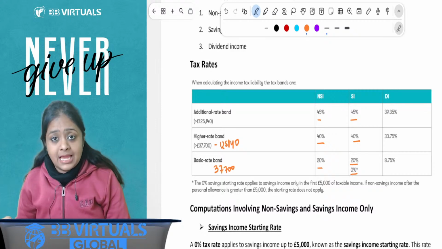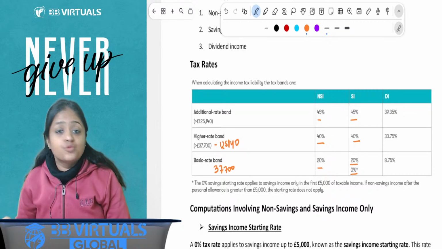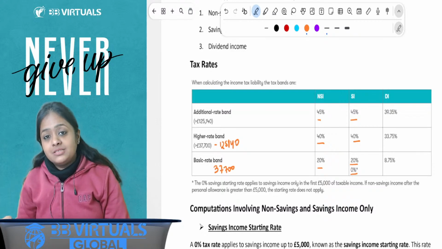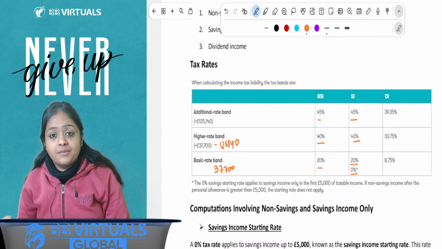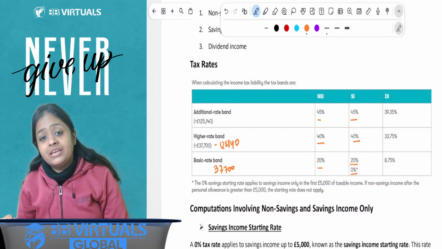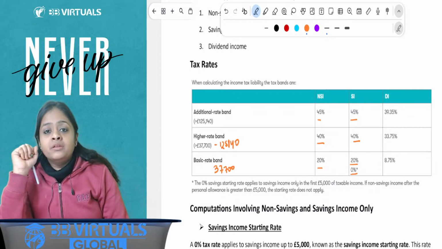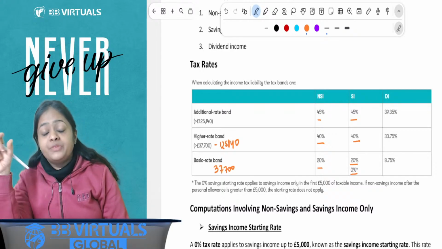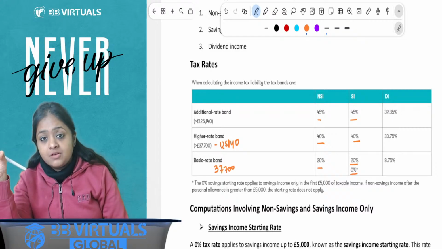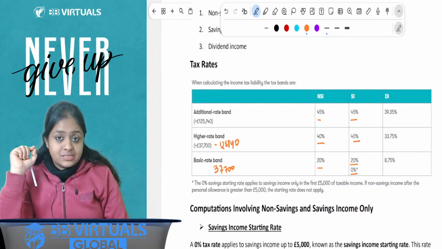For example, if NSI is 2,000, then you get a starting nil rate band of 3,000, because 2,000 NSI plus 3,000 more becomes 5,000. So that 3,000 will be a nil rate band for savings income, meaning the tax rate will be 0%.